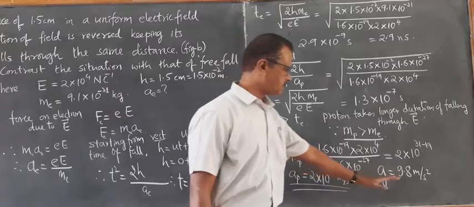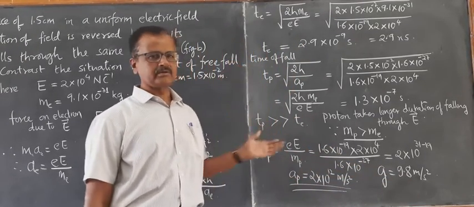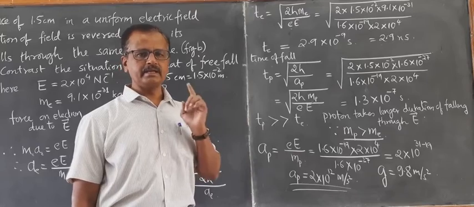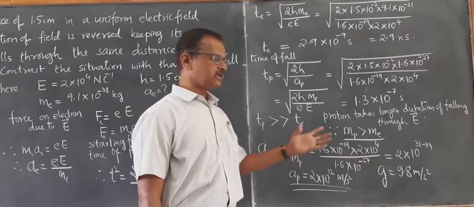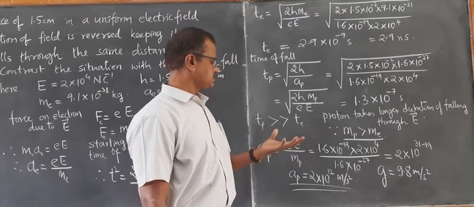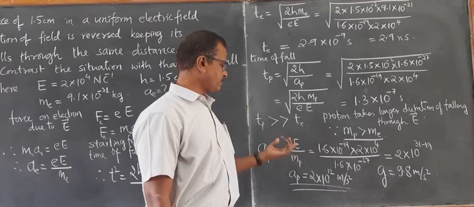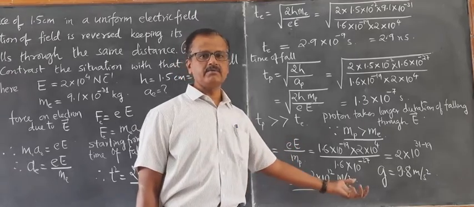Therefore, gravity is ignored. This calculation implies a very important thing, that the acceleration under the electric field is given by eE upon m and is of very high magnitude.